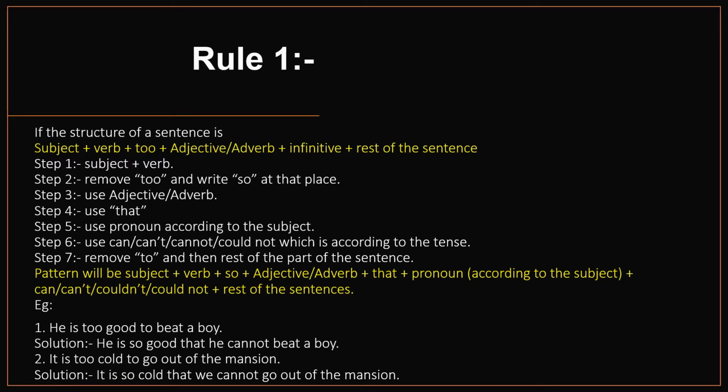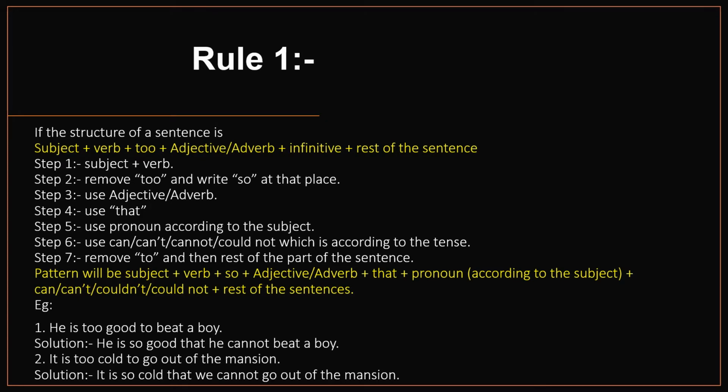Third step is use the adjective or adverb. Fourth step, use that. When we add so instead of too, we also add that along with it. Step 5, use pronoun according to the subject. Step 6, use can, can't, cannot, could not, which is according to the tense of the sentence. And step 7 is remove to and then the rest of the part of the sentence.